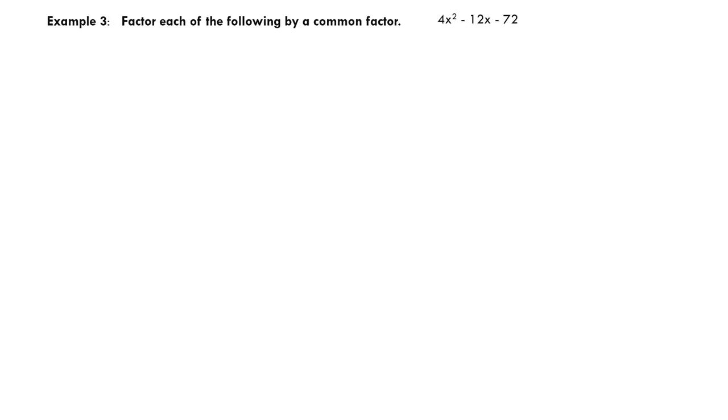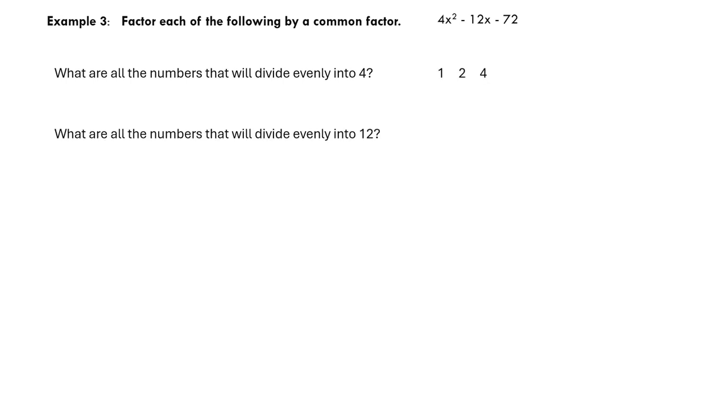In this example, we're asked to factor 4x squared minus 12x minus 72. We'll look at all the factors of 4, all the numbers that will divide evenly into 4. There are 1, 2, and 4. What are all the numbers that will divide evenly into 12? 1, 2, 3, 4, 6, and 12.